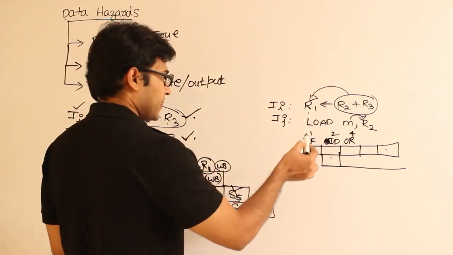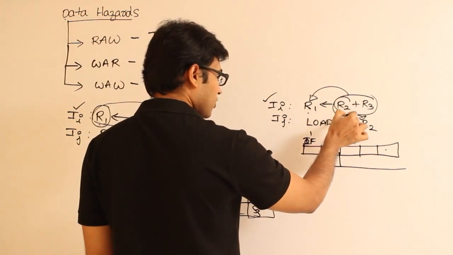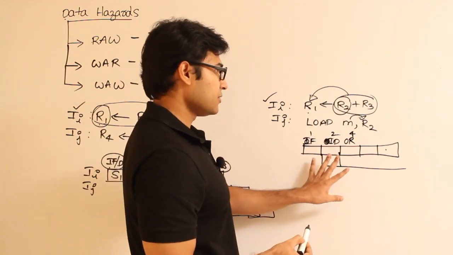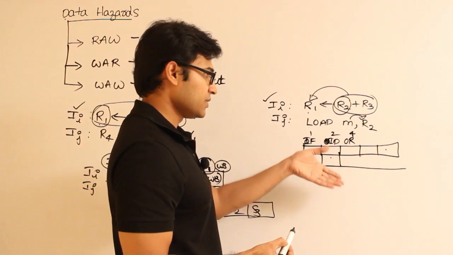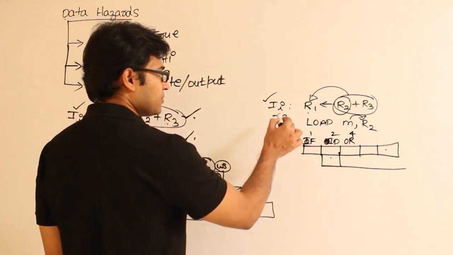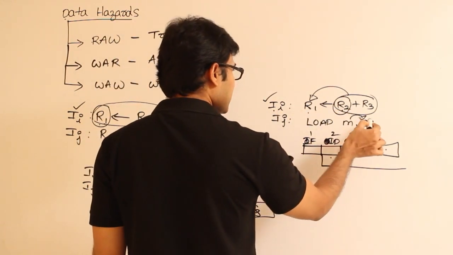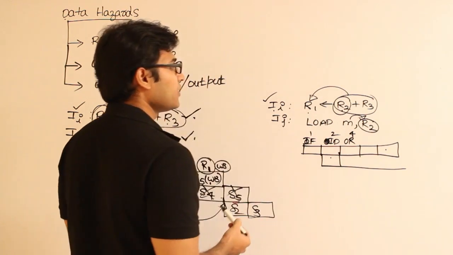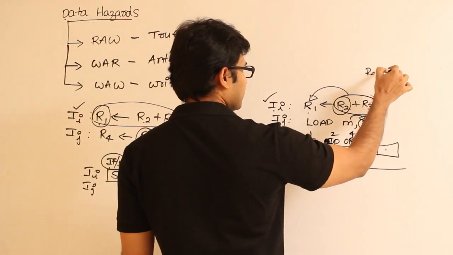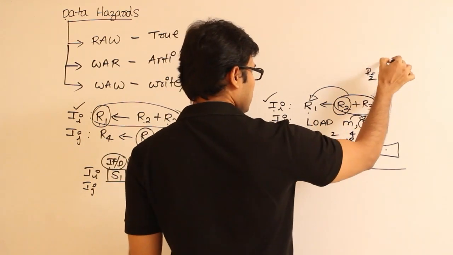So which means this particular II has to read an old value of R2, but assume that because of some uneven delays in the pipeline or the way the pipeline has been constructed, it might so happen that before this particular instruction has read the value of R2, it is being updated. Are you getting this? Let us assume that the initial value of R2 is 10, right? And this particular instruction is going to change it to 20.